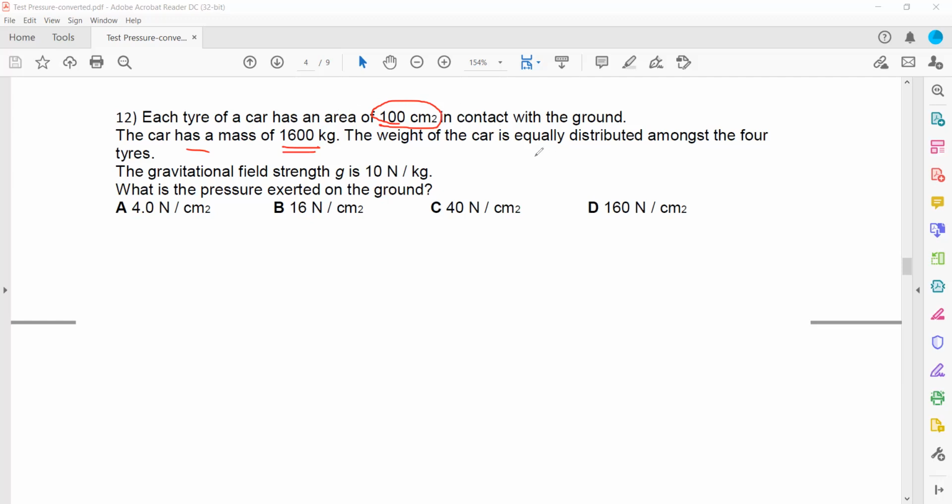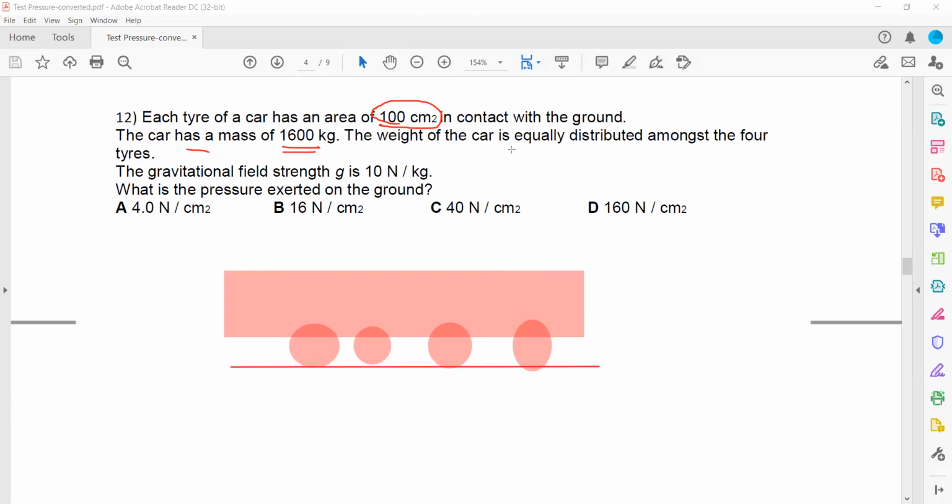The weight of the car is equally distributed. The gravity is 10. What is the pressure exerted? Because for a car there are 4 tires, the area of each tire which is in contact with the ground is 100 centimeters square, 100 centimeters square, 100 centimeters square and 100 centimeters square.